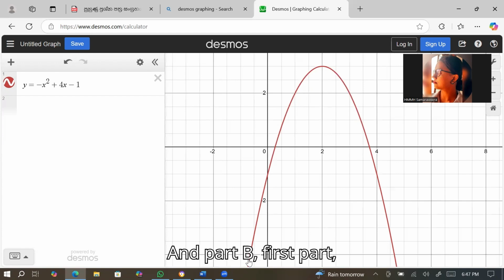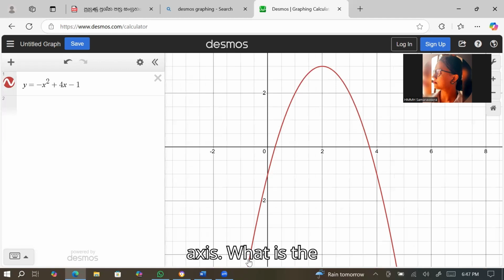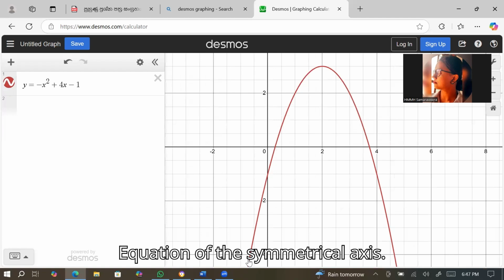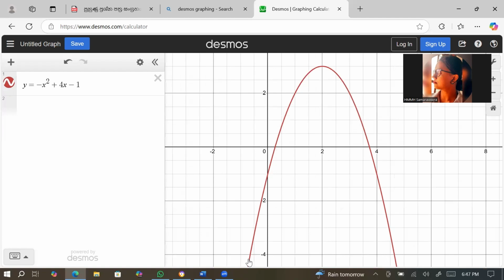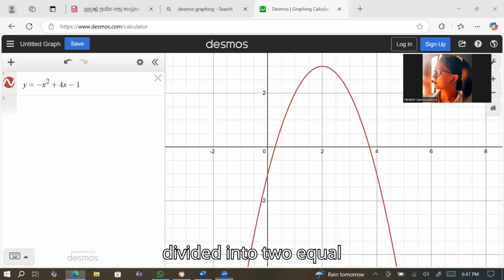And part B, first part, write the equation of the symmetrical axis. What is the equation of the symmetrical axis? Symmetrical axis means the graph is divided into two equal parts, right?